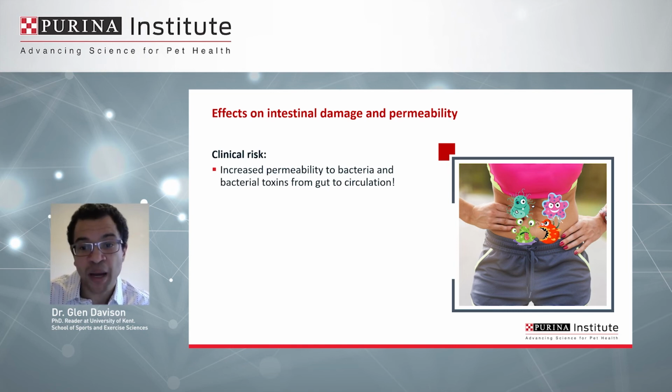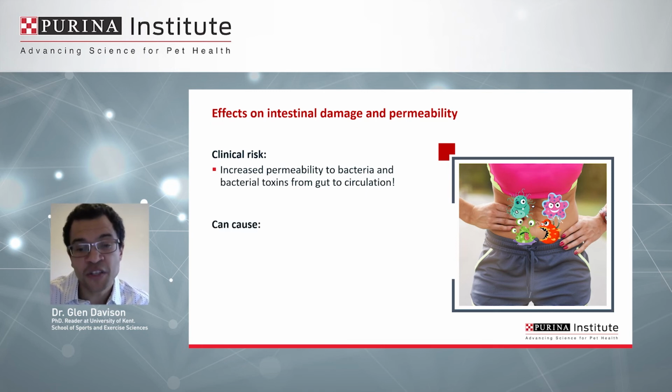So clinically, the risk of increasing intestinal permeability is that it allows the passage of bacteria and/or bacterial toxins from the gut into the systemic circulation. This always happens to a relatively small degree anyway, but it's reasonably controlled, and we normally have a very small amount of permeability and a very small amount of these things crossing the gut barrier and getting into the circulation.